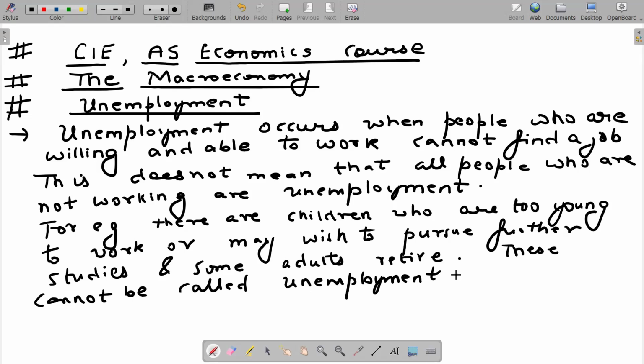Okay, so now hoping students have understood this. So I am now erasing the initial portion, and let's look at what is meant by economically active and economically inactive workforce. So let me erase this portion off.